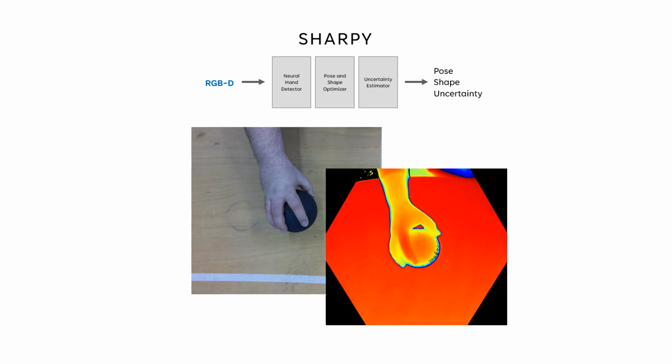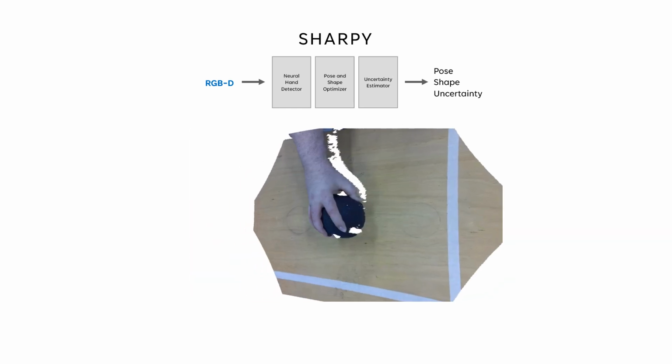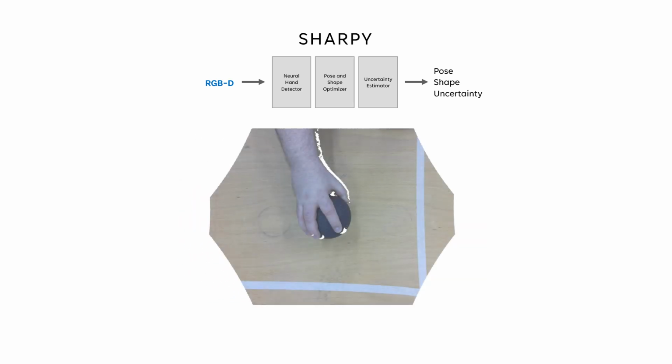As already mentioned, our input is an RGB-D frame. So for more proper visualization, let's put this into 3D. In the first stage, a neural hand detector predicts for each point on the observed hand a feature coordinate in a novel canonical space which we introduced in our paper.